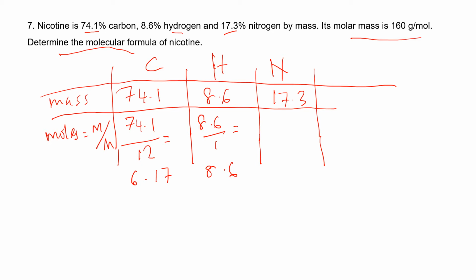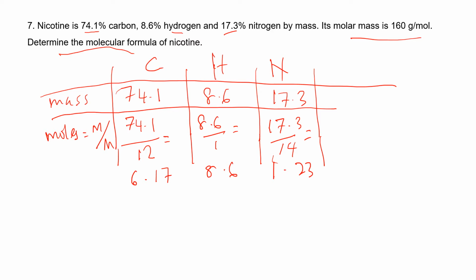And nitrogen, 17.3 divided by 14, you get 1.23.